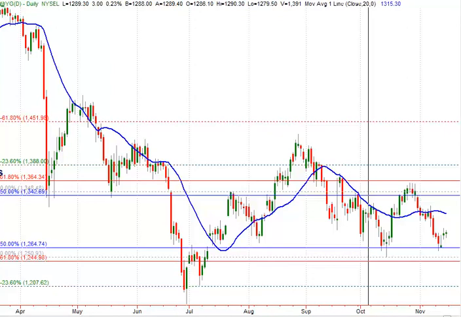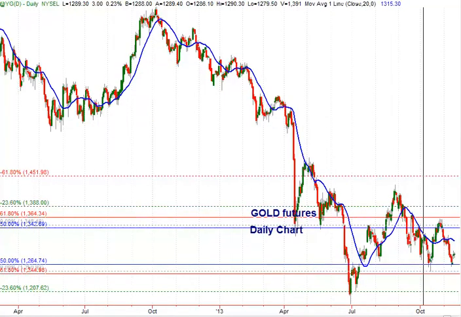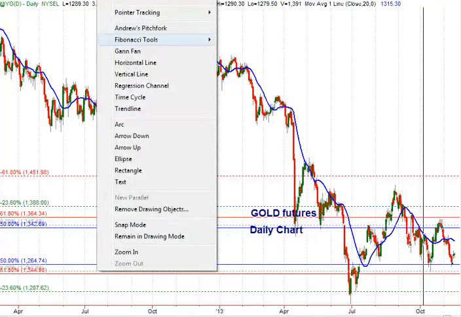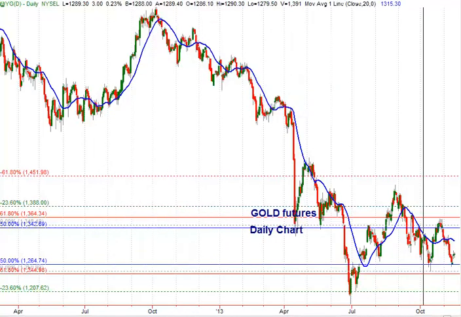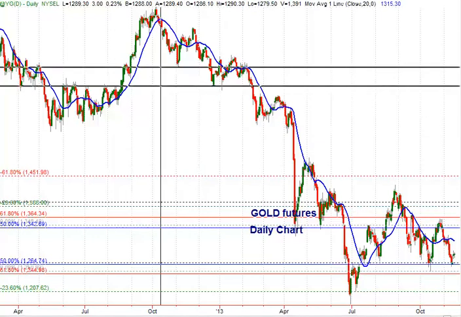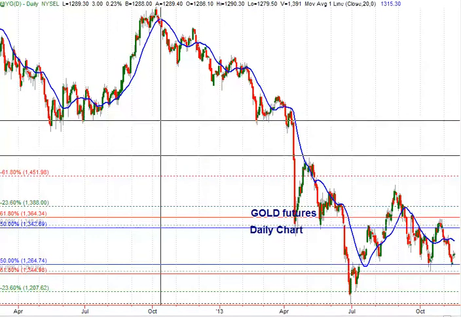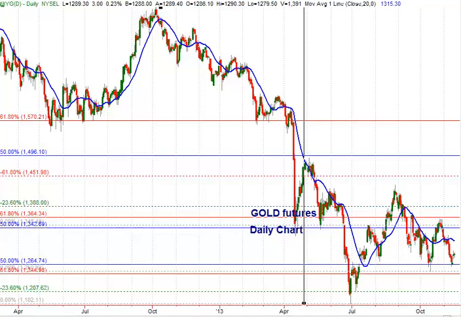If we get above 1364, this market is going to move higher, which would suggest actually a dollar that would continue weakening. Next level of resistance in gold will come at 1496, 1500.